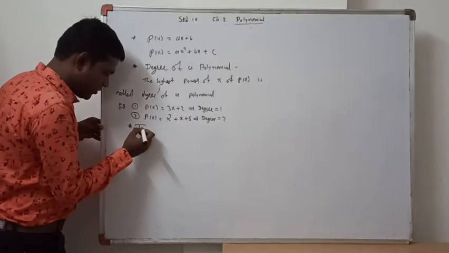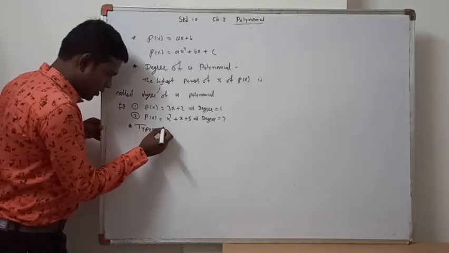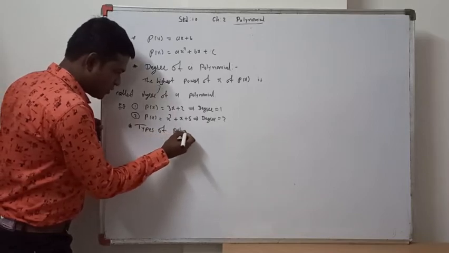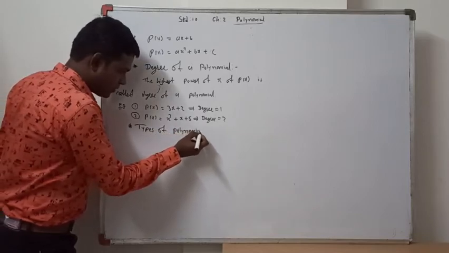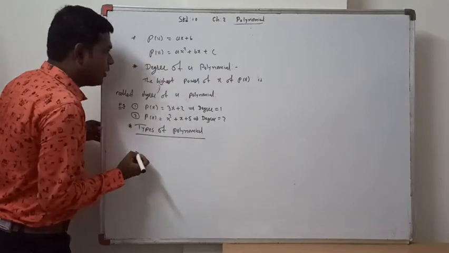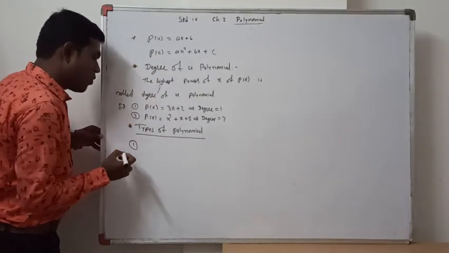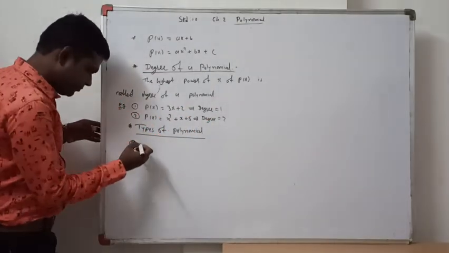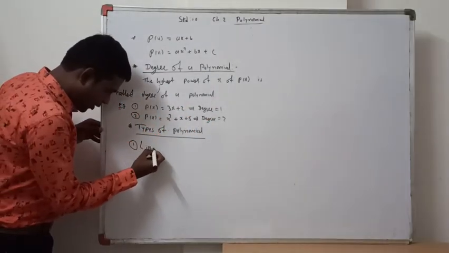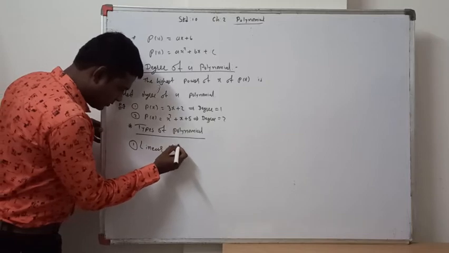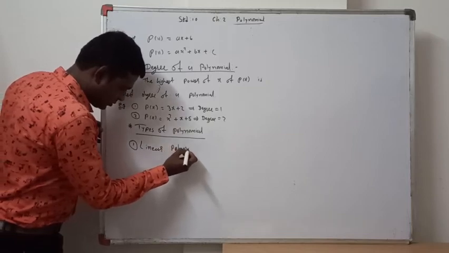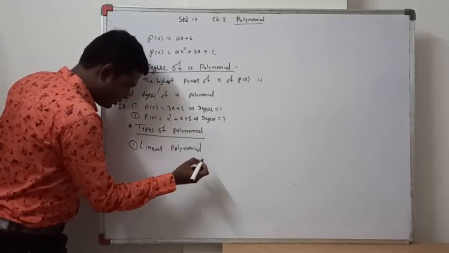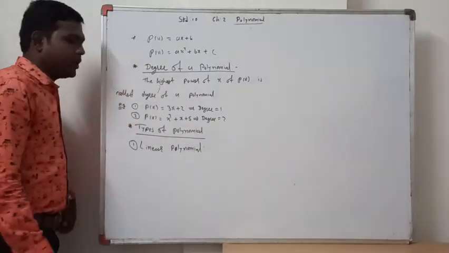Now on the basis of this degree, we are having different types of polynomial. So let me start with the types of polynomial. In that, first one is the linear polynomial. First we define linear polynomial.